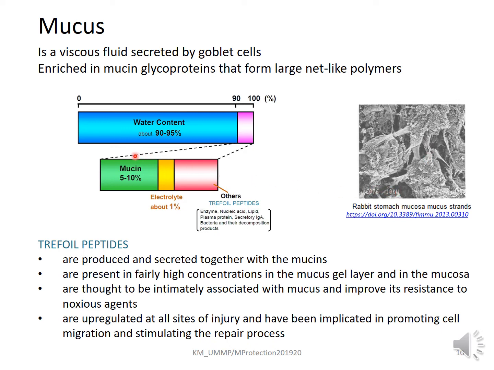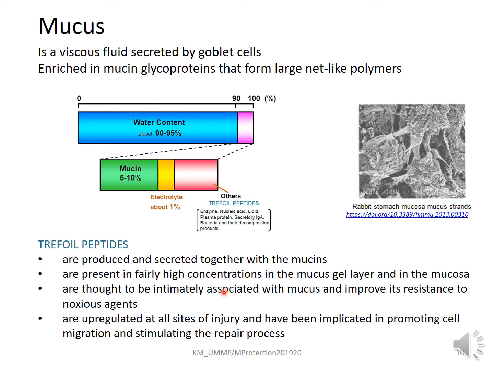As for chemical composition, it contains water, around 90 to 95%, mucins, around 5 to 10%, and electrolytes, around 1%. It also contains others like trefoil peptides, enzymes, plasma protein, secretory immunoglobulin A, bacteria, and their decomposition products. The trefoil peptides were recently discovered, and are produced and secreted together with mucin.